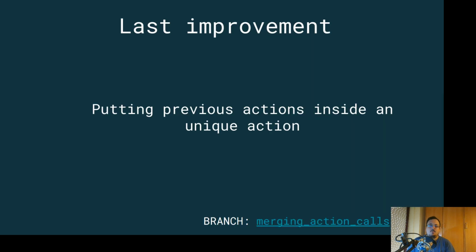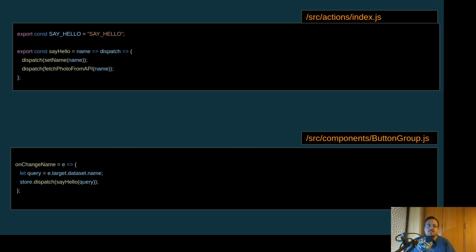But I would like to make a last improvement, because I'm clicking a button, clicking the name, and everything that comes out of clicking that button should be an action, because I'm just changing the name, and everything depends on the name. I could do lots of things. I could make the set name action have another dispatch inside of it for the fetch API, and the fetch API dispatches the other action.